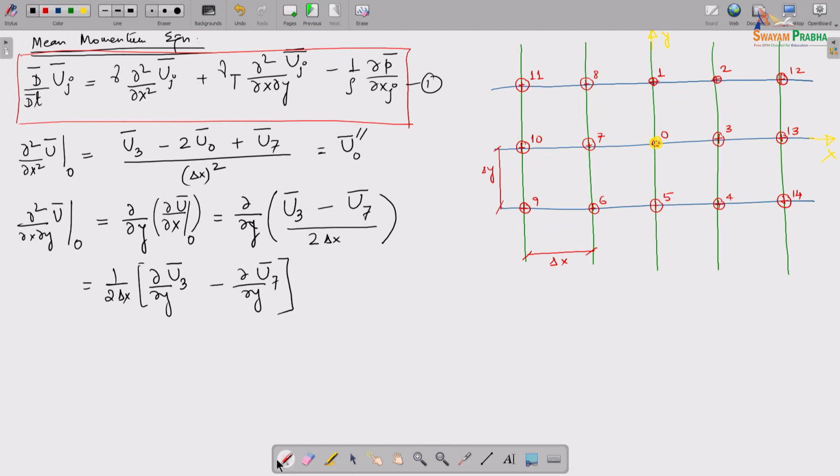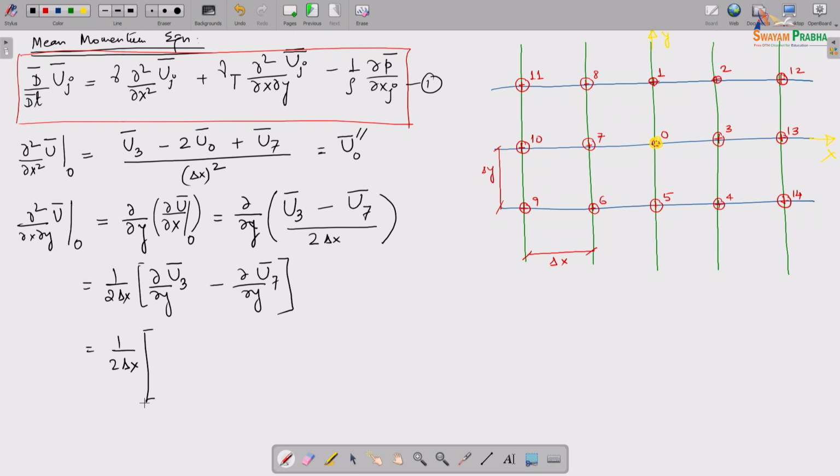Okay. If I do that, what do I get? This is in the y direction, so again I will use a central difference formula. If I use 3, it is 2, function value at 2 minus 4, by 2 delta y. Now, let me ask you this. When I wrote u3 minus u7, why didn't I write u7 minus u3?